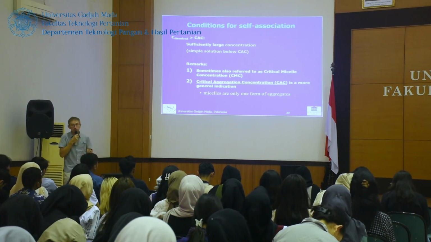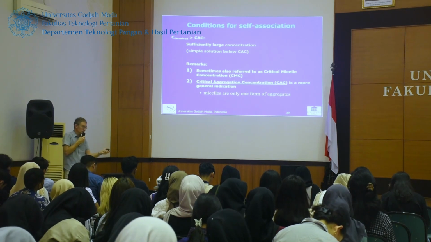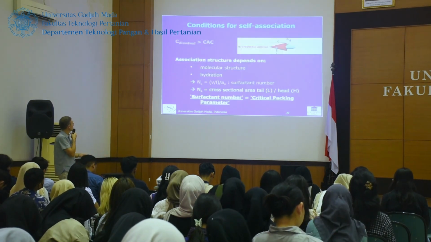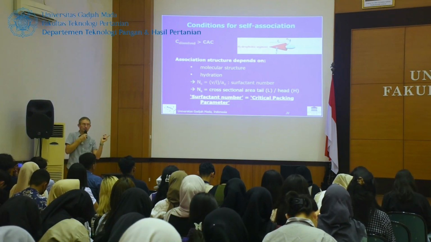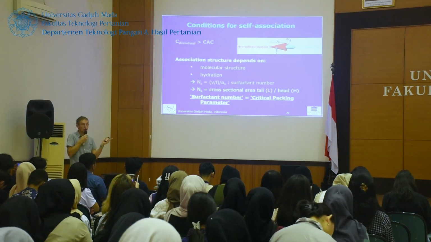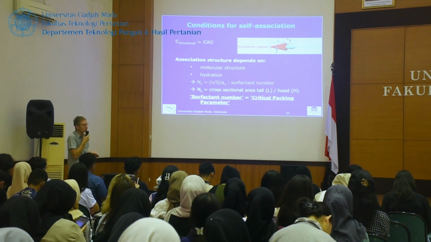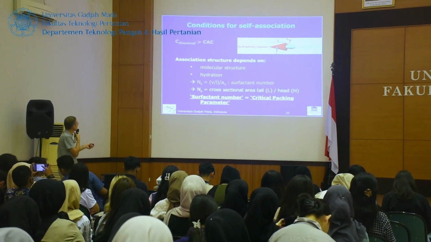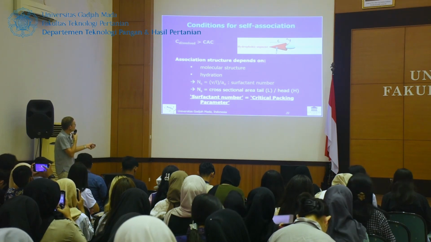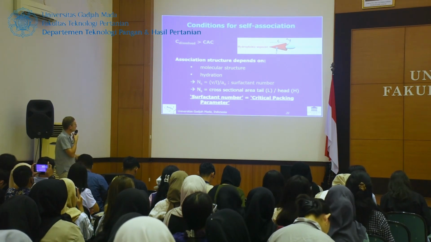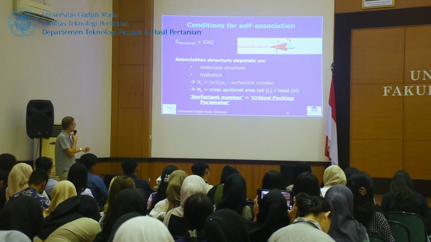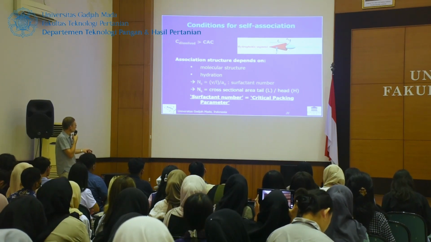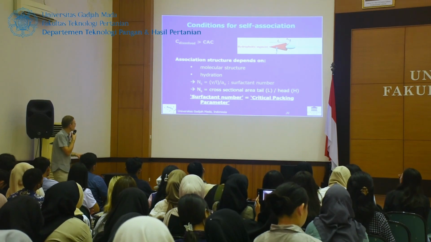And if we then talk about micelles on the one hand, or liposomes on the other hand, I already briefly introduced that it mainly depends on the properties of your surfactant here. So it mainly depends on what your surfactant looks like, and that's indicated in the so-called surfactant number, also called the critical packing parameter.